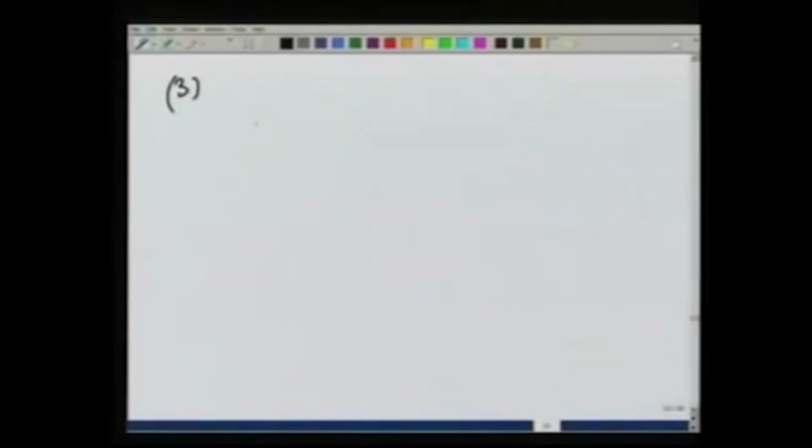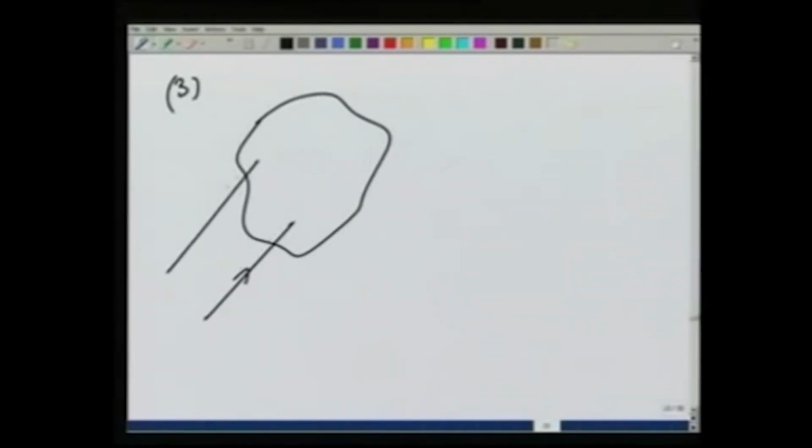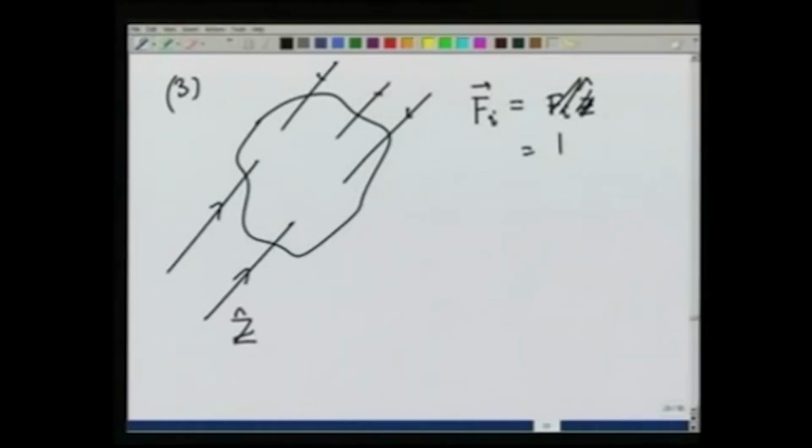As a third situation, let us take forces which are all parallel. Since they are all parallel, let us take that direction along which they are acting as the z direction again. So, all forces F_i vector can be written as F_i k, with the unit vector that we have been using.